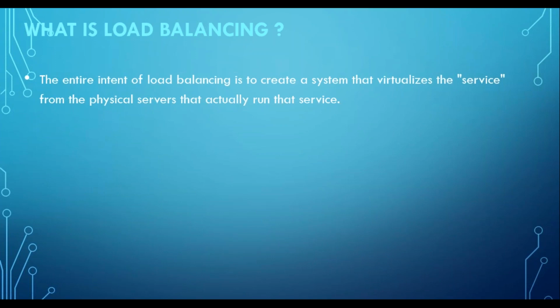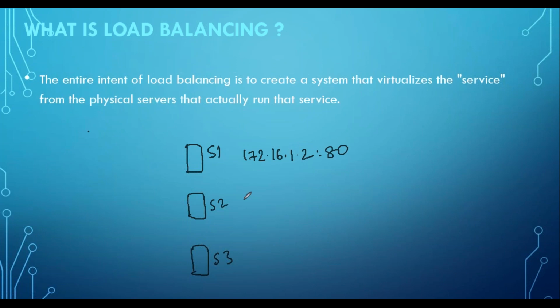So let us assume that you have three servers. The IP addresses are 172.168.1.2, up to 172.168.1.4.